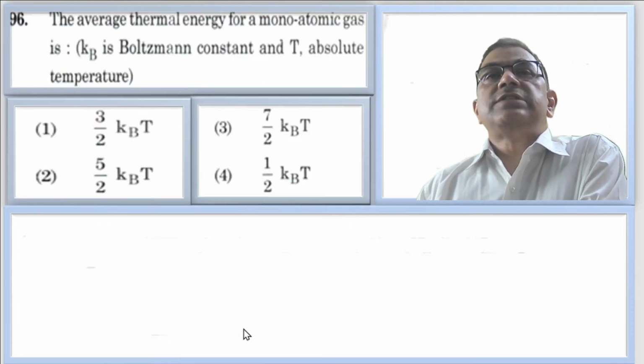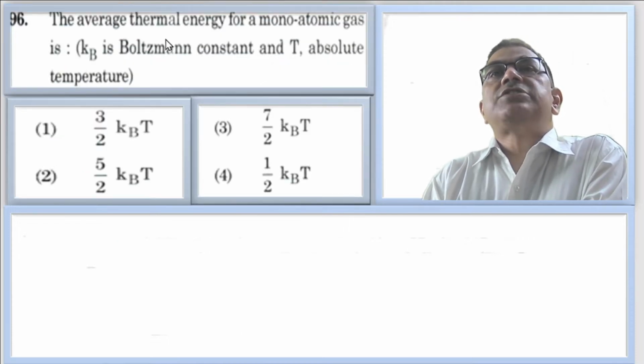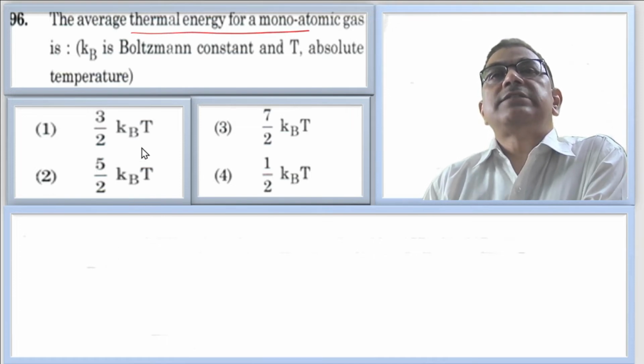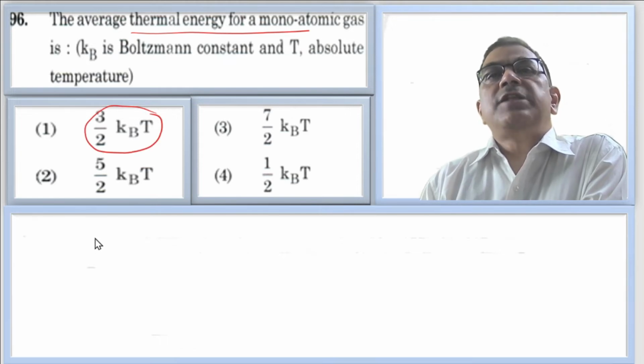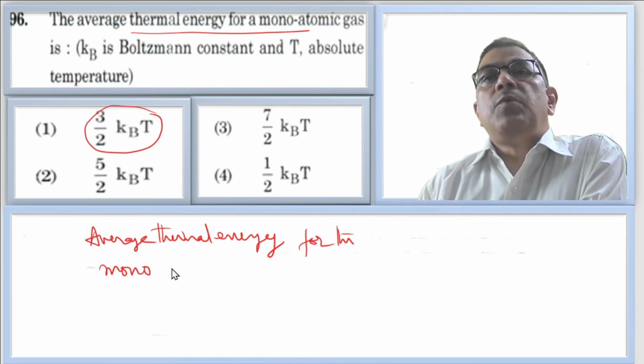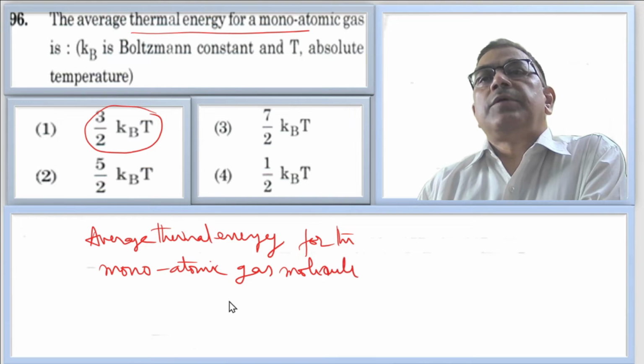Now let's come to the next question. This is again a straightforward question. The average thermal energy for a monoatomic gas molecule, because it is a monoatomic gas, the answer has got to be 3 by 2 kT.